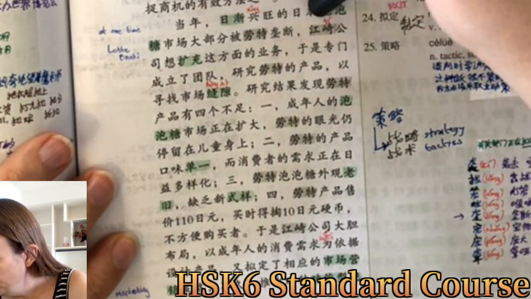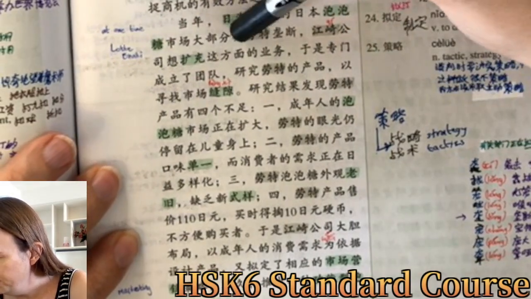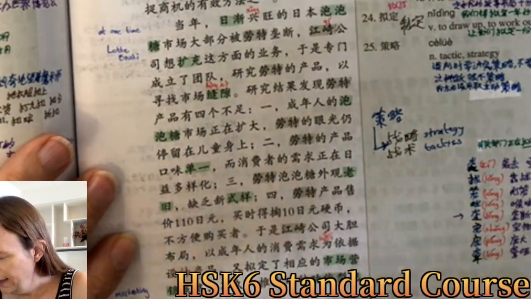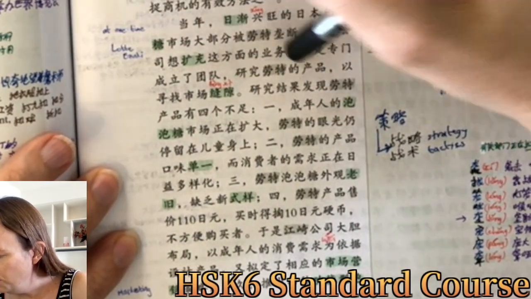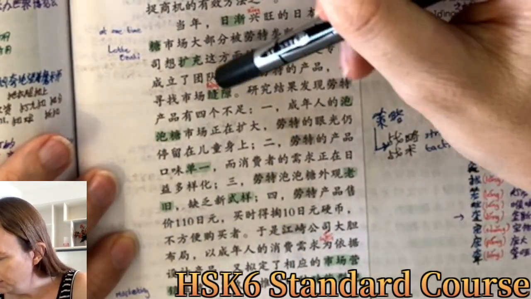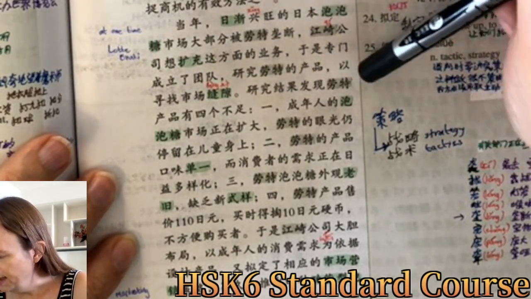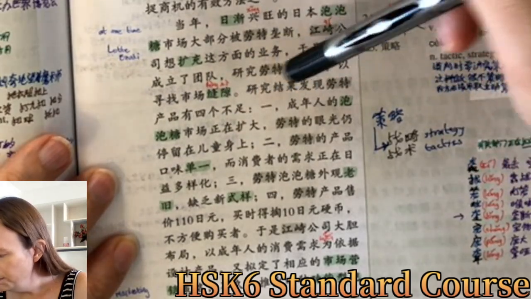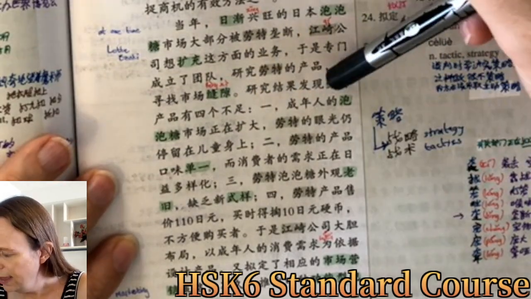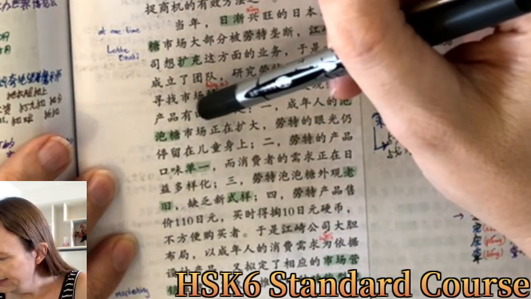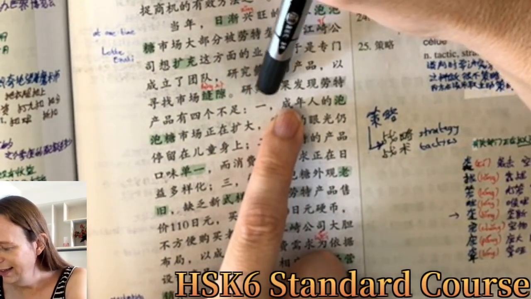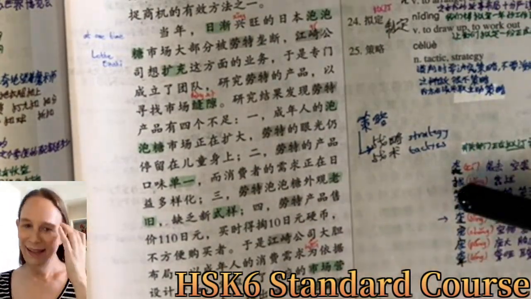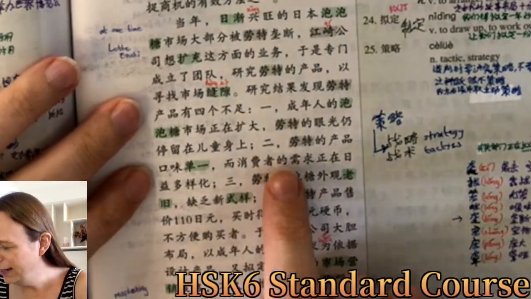日渐兴旺的日本泡泡糖市场大部分被劳特垄断。江崎公司想扩充这方面的业务，于是专门成立了团队，研究劳特的产品，以寻找市场缝隙。研究结果发现，劳特产品有4个不足。Yeah, here it's kind of normal to say 研究结果发现, even though it's somewhat illogical, right?